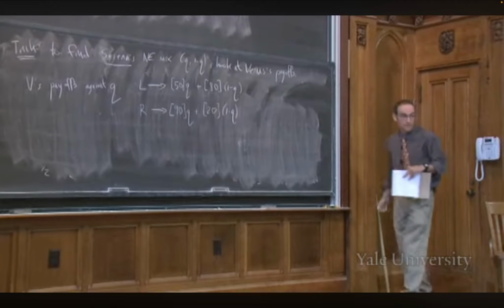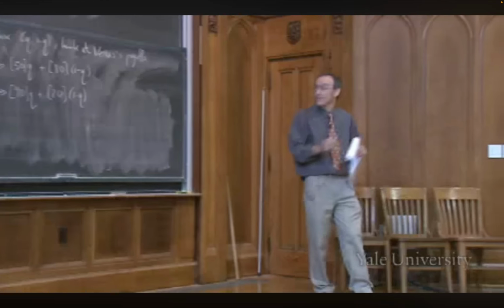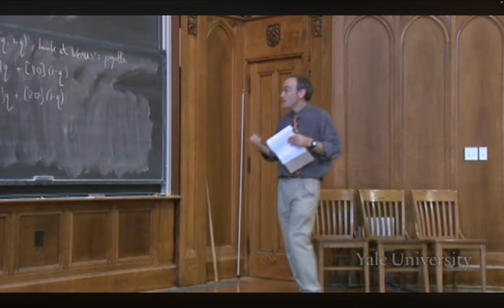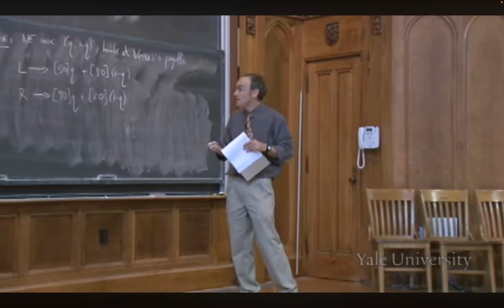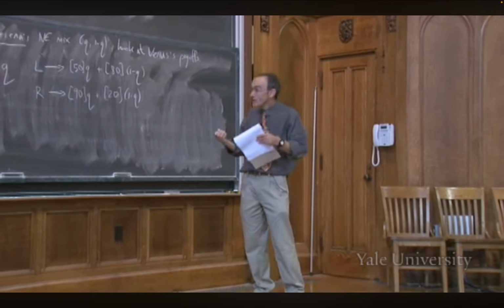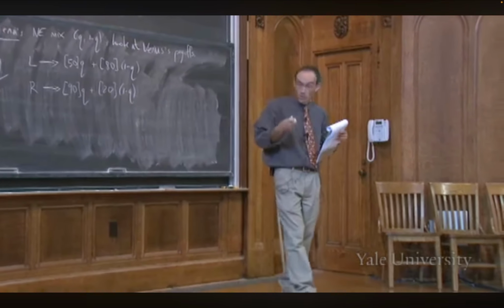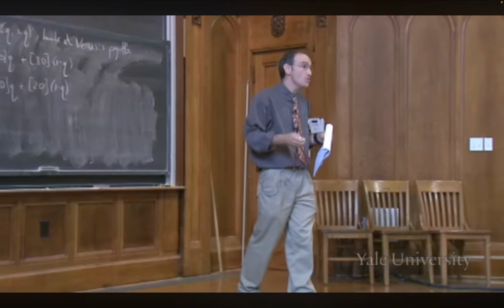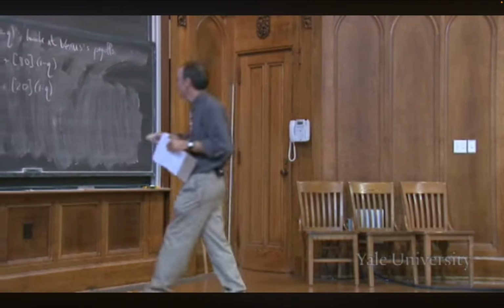So what is this? We're looking for a mixed strategy Nash equilibrium. So in particular, not only Serena is mixing, but in this case what we're claiming is Venus is mixing as well. All right?